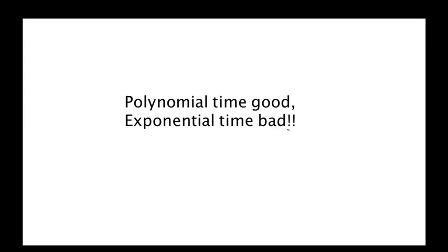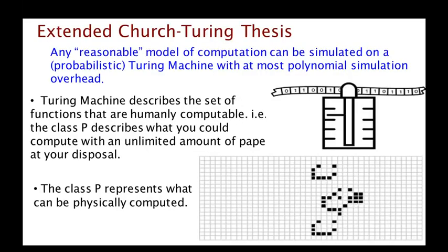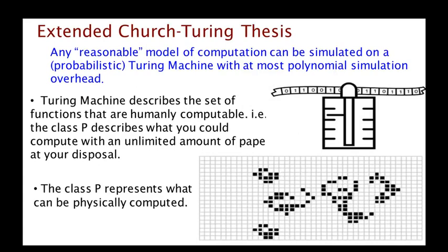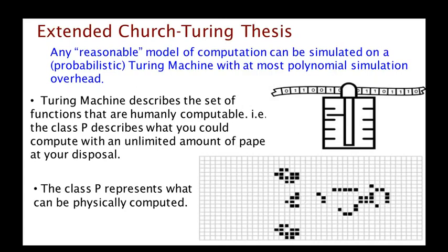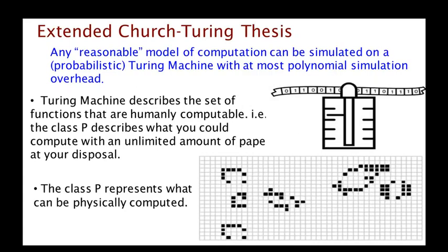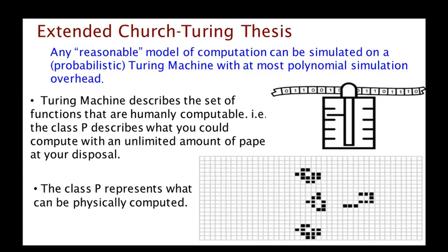This is what the foundations of complexity theory are built on, and it's called the extended Church-Turing thesis. What this thesis asserts is that it doesn't much matter what your model of computation is.